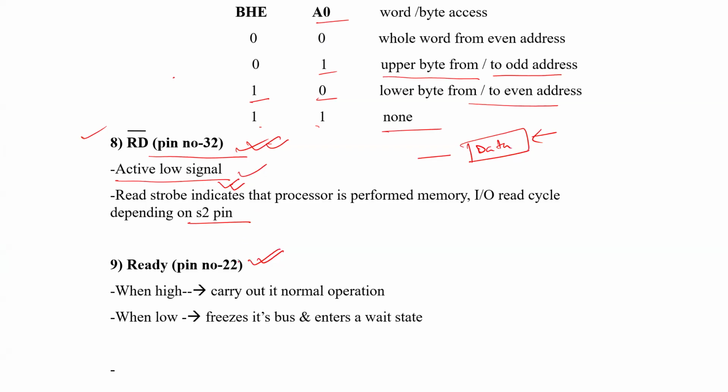That means when the signal is low, the microprocessor freezes its bus and enters a wait state. That means the microprocessor is not working. And when this pin is high, it indicates that the microprocessor is doing the normal operation.